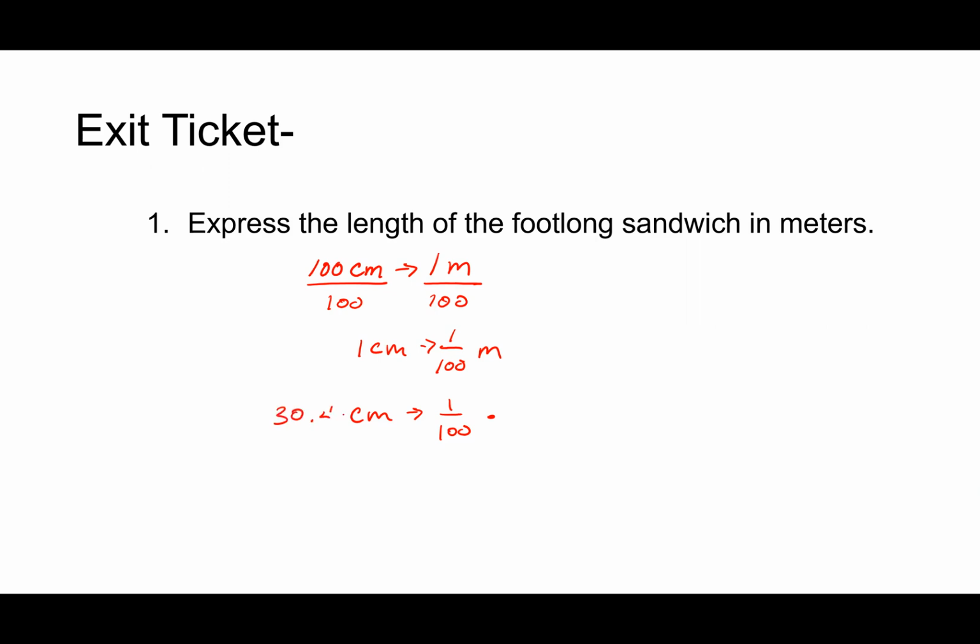Remember the answer from the last slide was 30.48 centimeters. Gabby? 0.305. Oh, you rounded. Well, actually there's an 8 in there. So if we're dividing by 100, all we need to do is move the decimal place, you guys. So it would just be 0.3048 meters. So that's the right answer.